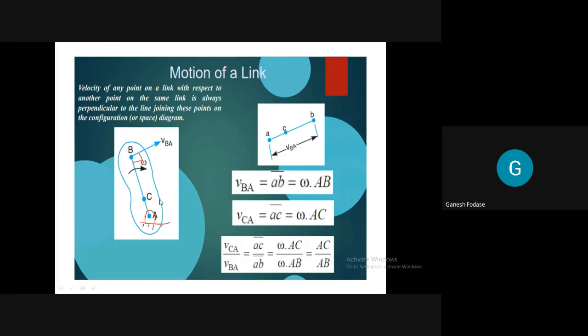Similarly, if I want to find the velocity of C with respect to A, what will be the direction? A to C? Wrong. Why are you saying A to C? BA is a link, and we just discussed the conclusion: whenever there are two points on a link, the velocity of one point with respect to another must be perpendicular to the link.